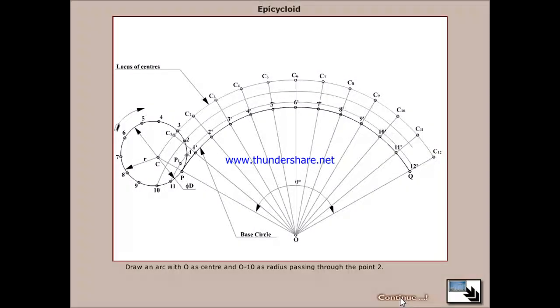Draw an arc with O as center and O10 as radius passing through the point 2. Similarly with C2 as center, with the same radius, cut the arc drawn through point 2 at P2.